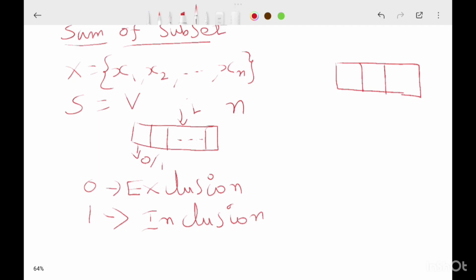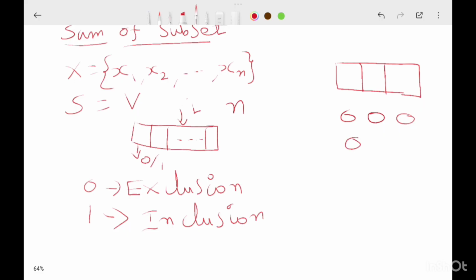So what are the possible values of the output? All the values are 0. That means none of the values in the input set x is included. Suppose the required sum is 0, this is also one of the possible solutions.